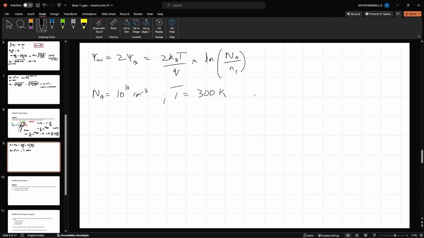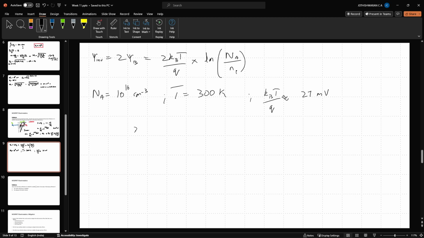For 300 Kelvin, we know that kBT by q is 0.027, so this is going to be 27 millivolts. Now we want to find out what the inversion voltage is going to be.